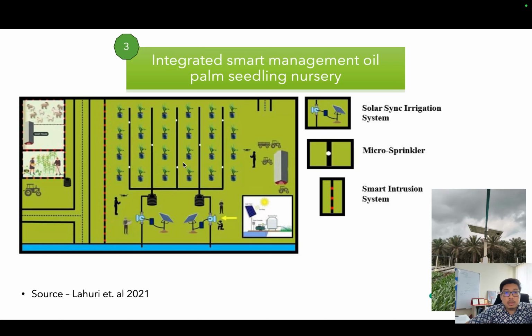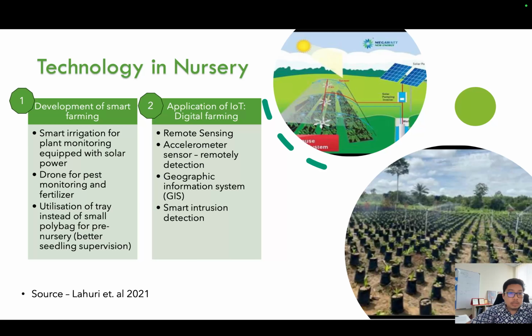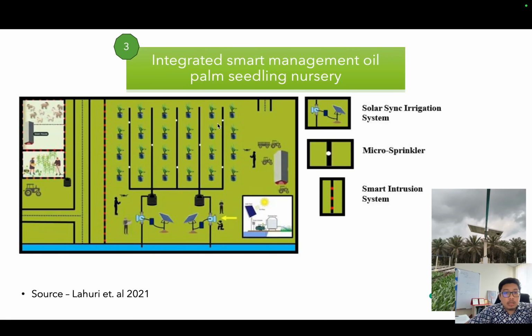They have a system. If you recall back just now, remote sensing. So with remote sensing, they can include a few sensors at the farm, at the nursery. One of the sensors is the humidity sensor. Maybe they put one inside the polybag randomly across the nursery.